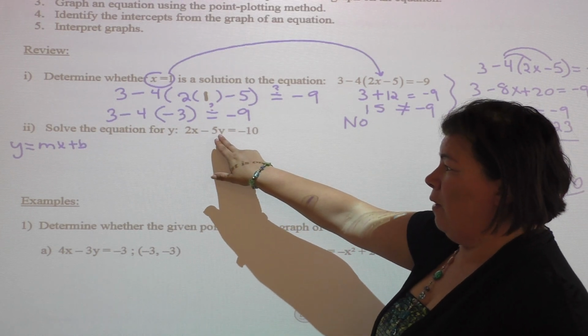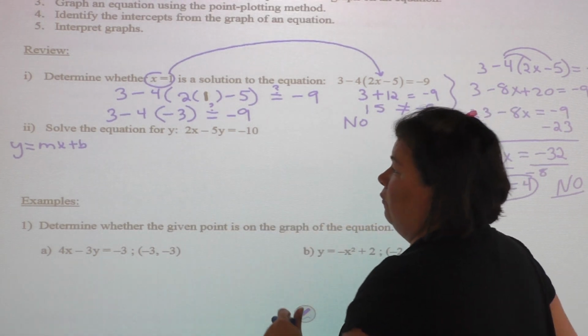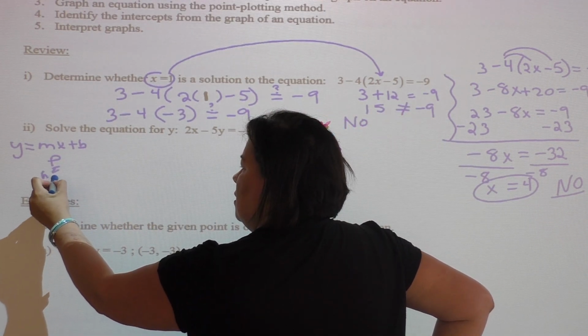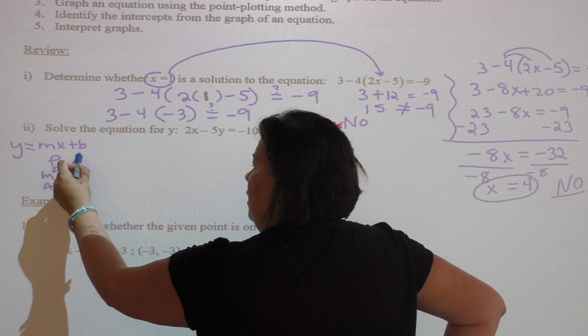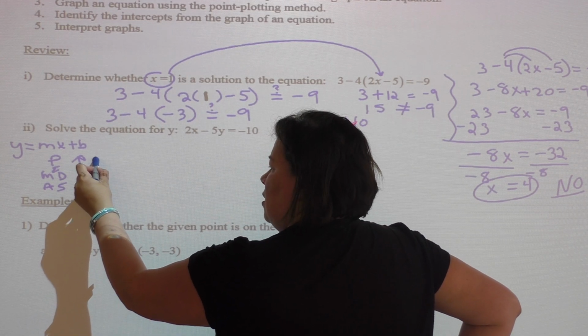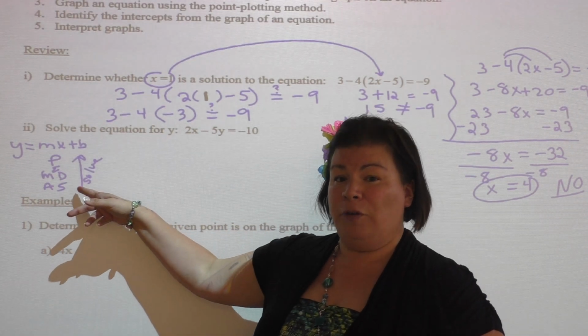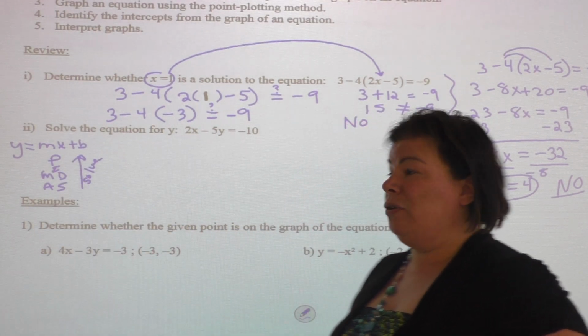So if we want to solve for y, we're going to get y all by itself. And remember, order of operations, PEMDAS, when solving is performed backwards. So anytime we're solving, we want to do any addition or subtraction first before any multiplication or division.